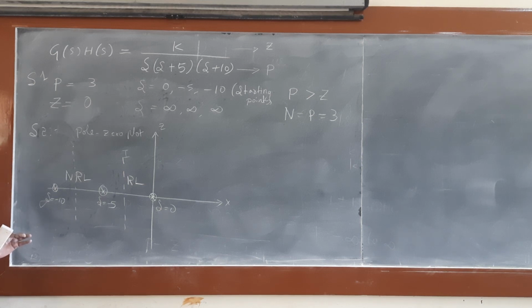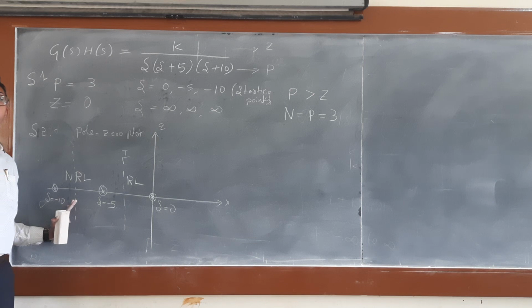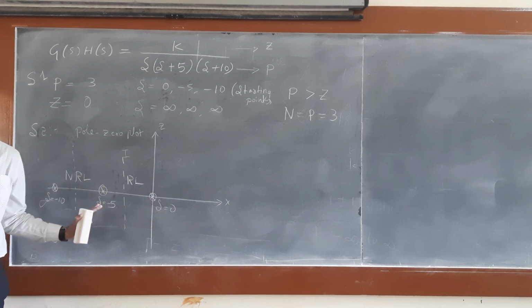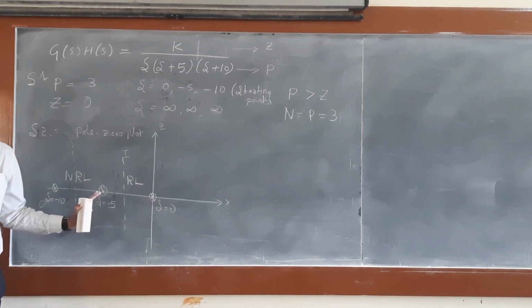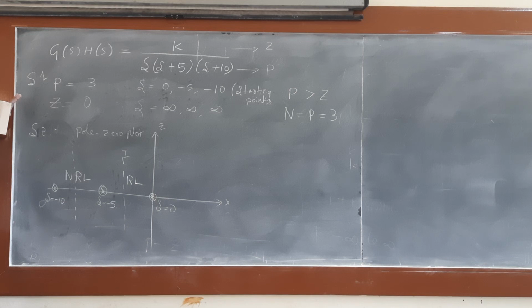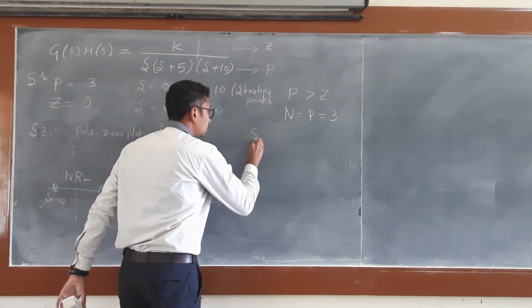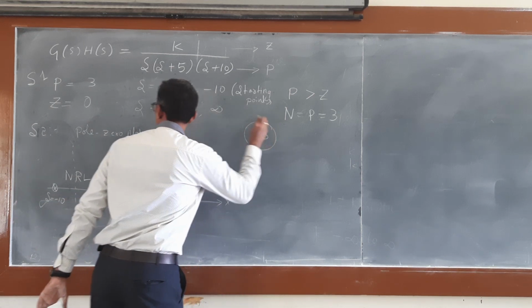Is it clear? Yes, so this is how we are going to predict whether the root locus is possible between the two roots or not. Is it clear? So this is step number 1 and step number 2. What is step number 3? Step number 3.